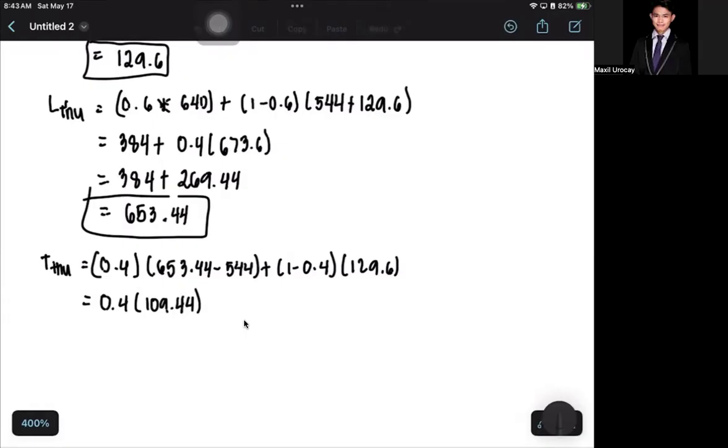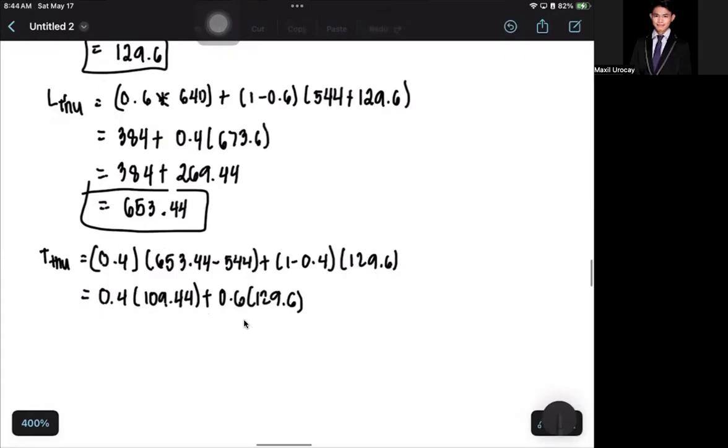Point 44, then plus 0.6 times 129.6. So 0.4 times 109.44 will become 43.78, plus 0.6 times 129.6, that is 77.76.